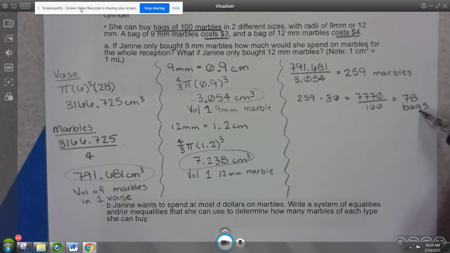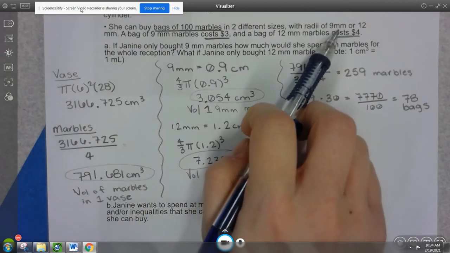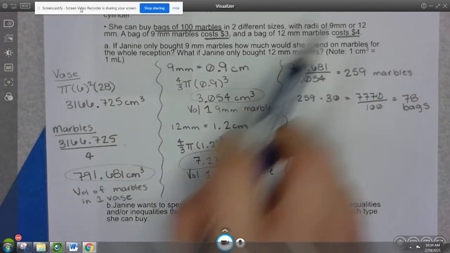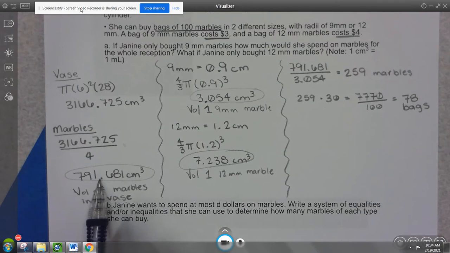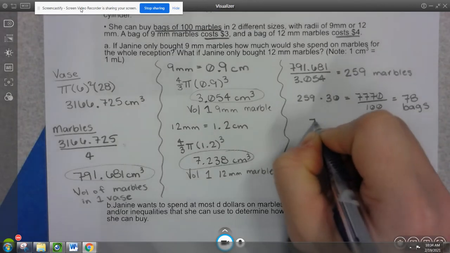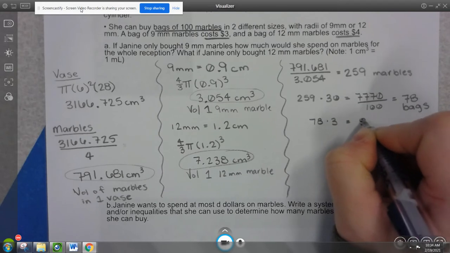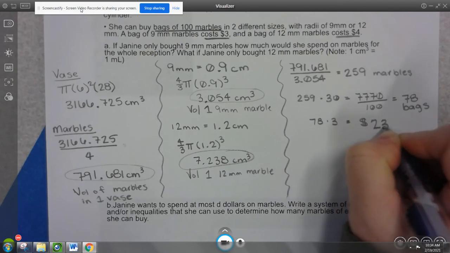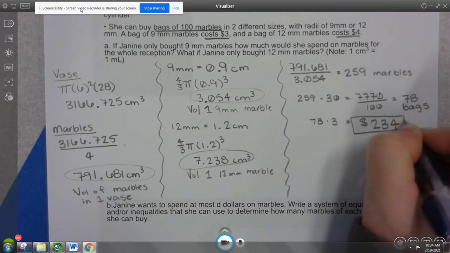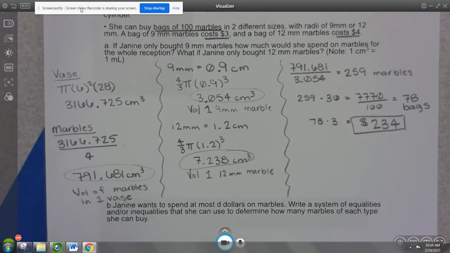So I need 78 bags of my 9mm marbles in order to make this much volume for each of my 30 vases. And then doing 78 times 3 tells me that I would spend $234 filling up these vases with 9mm marbles.